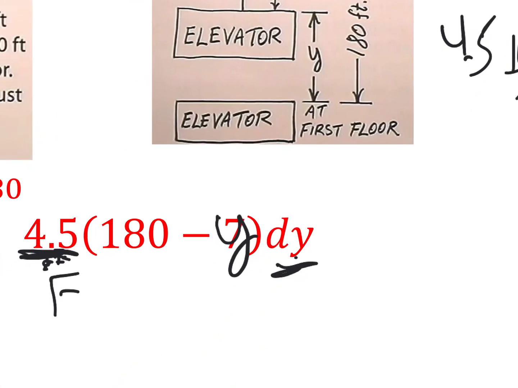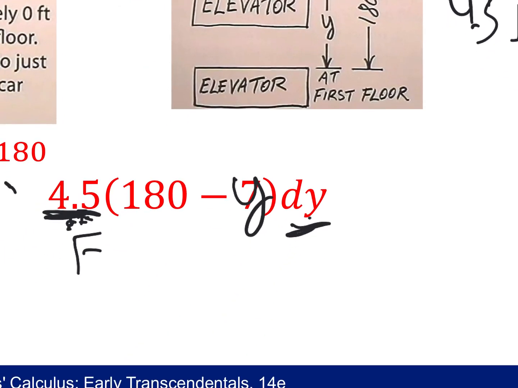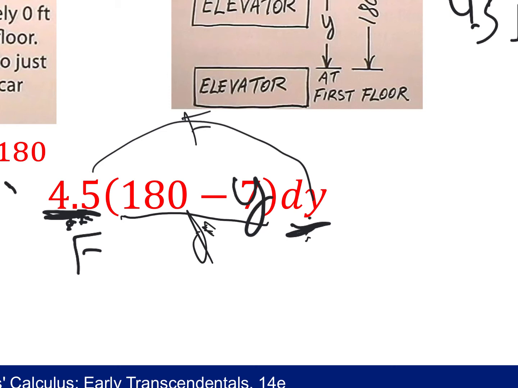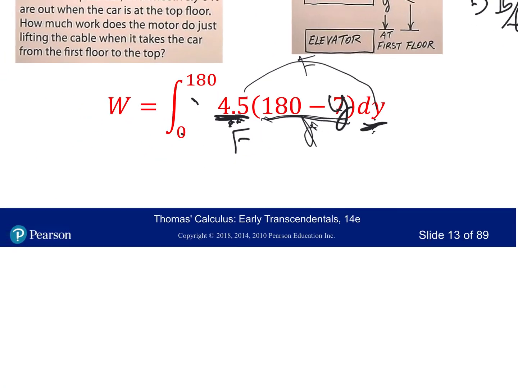So I like to put the dy in the 4.5 as the force. And then 180 minus y is always the distance to the top of the elevator. That's how much cable I have left. If I've rolled it up a little bit, that's how much I have left. If I roll it up a little more, that's how much I have left. And y keeps changing. Okay.